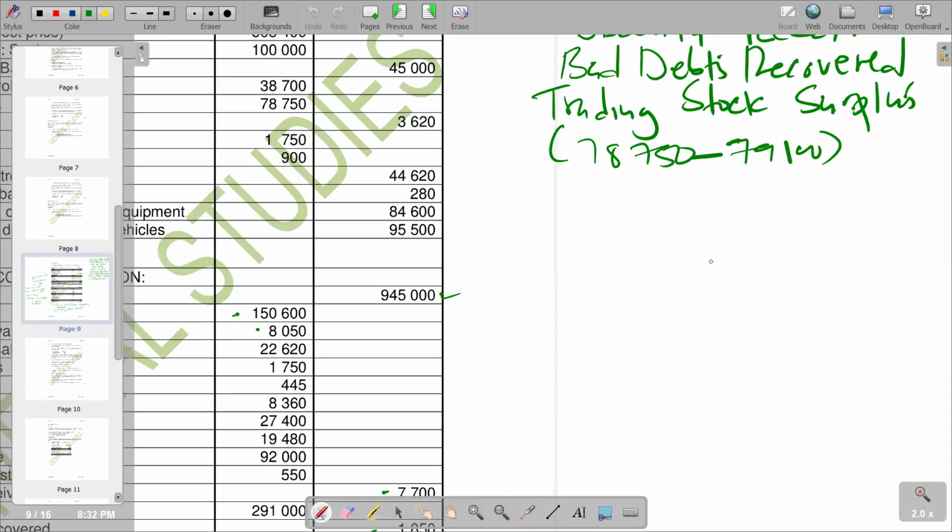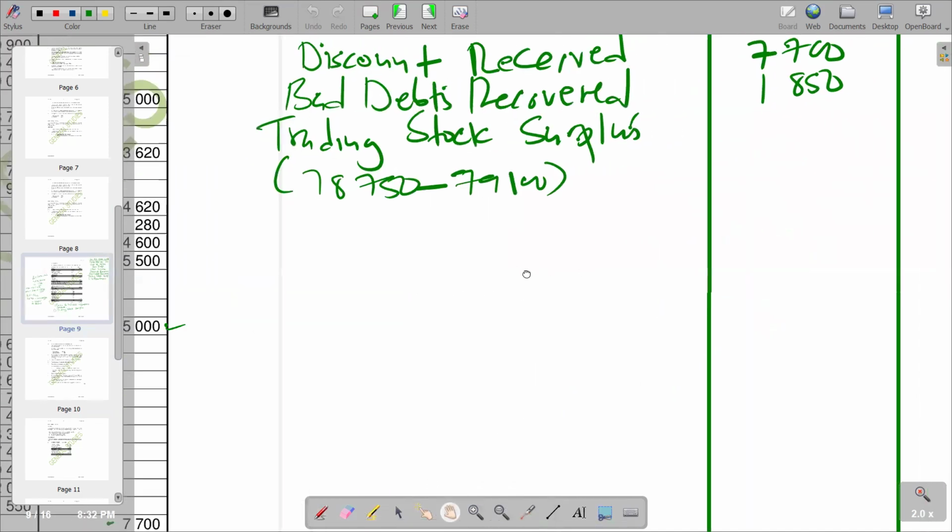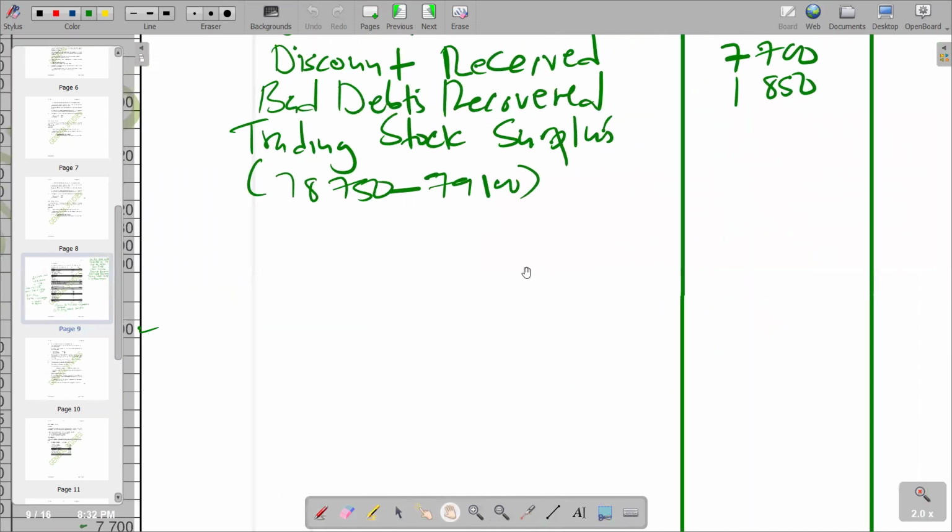So we calculate there, and the figure that we are getting is our trading stock surplus. You are going to get your 350.